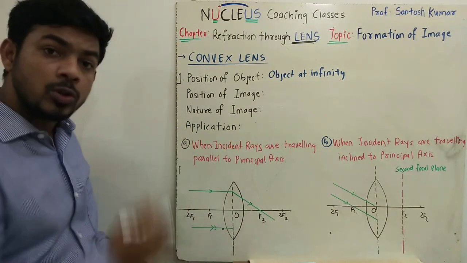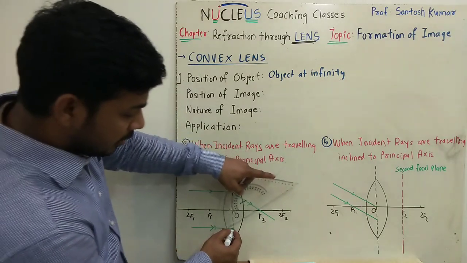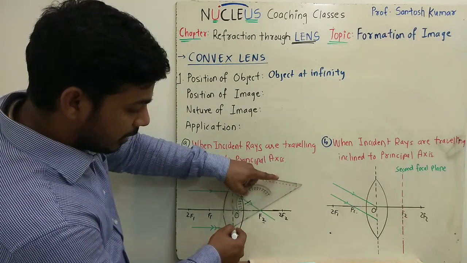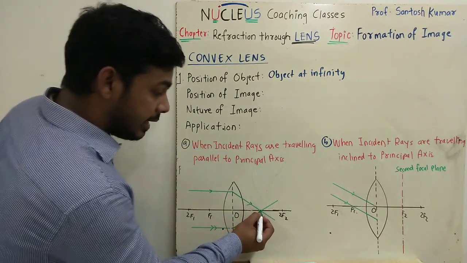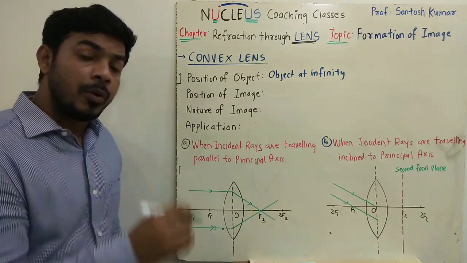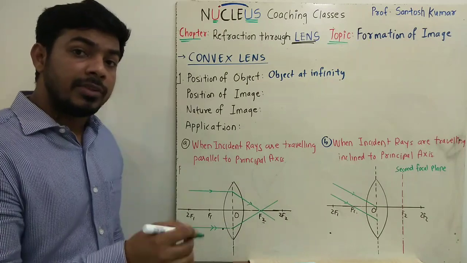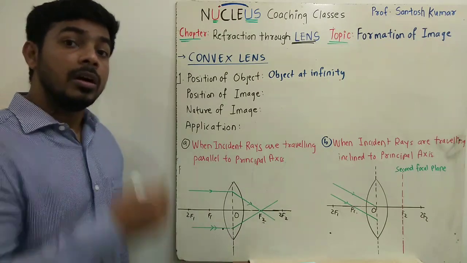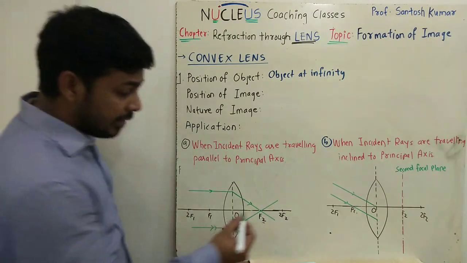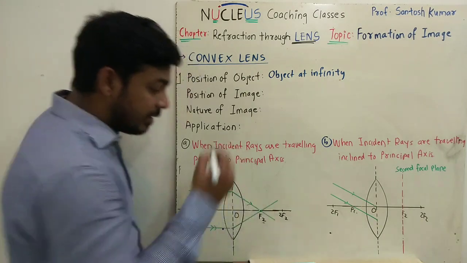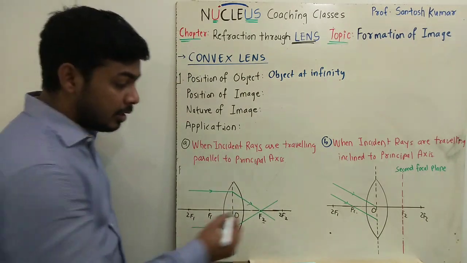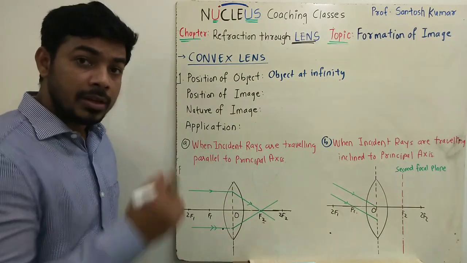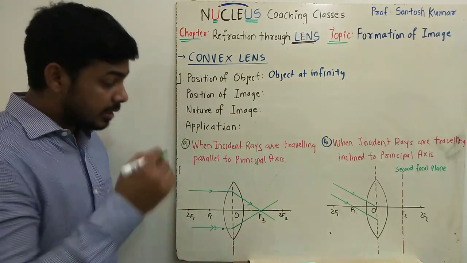And the second ray is also parallel to the principal axis, so after refraction it will pass through F2. As I said, the position of the image is a point where the rays after refraction meet at a point or appear to be meeting at a point. We can see that the refracted rays are passing through a point, so they will meet at F2. That means the image obtained is at F2.